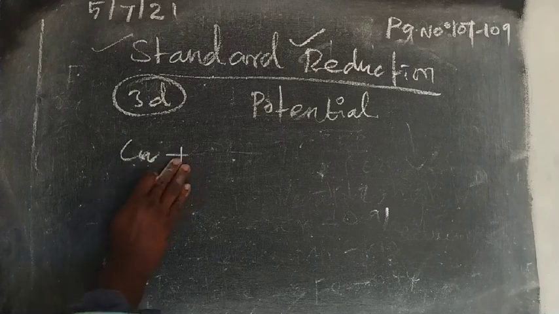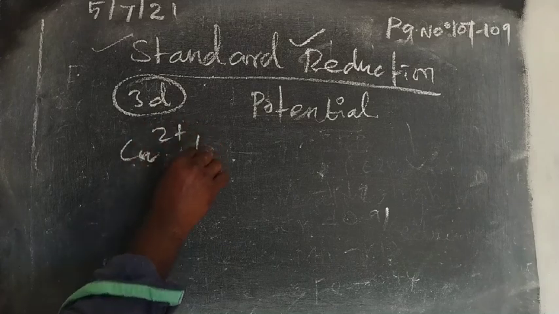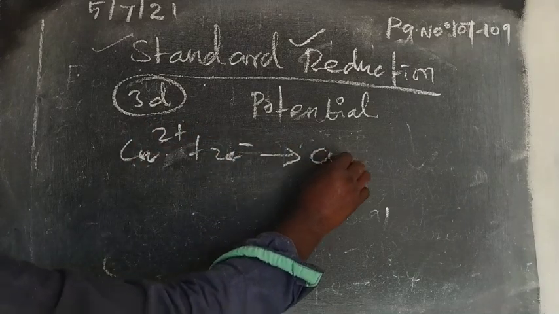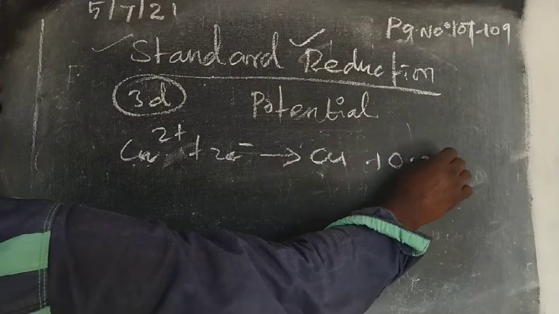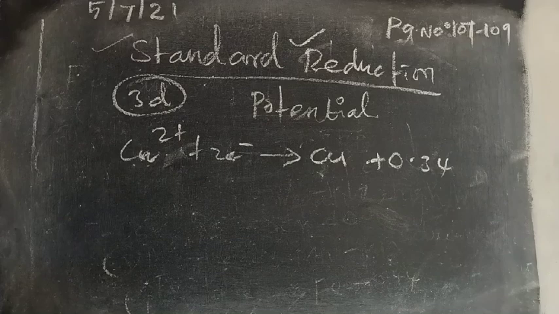Copper: Cu2+ accepting 2 electrons to form copper has 0.34, a positive value as a reduction potential. This positive value explains that elemental copper is more stable than copper 2+.